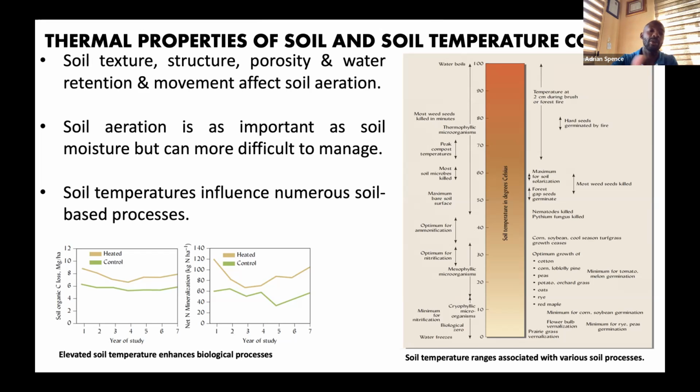And again, this is a component that is a function of your soil type, because the amount of heat that is transferred is a function of how compact your soil is or the moisture content of the soil, all of which are related to your soil physical properties.